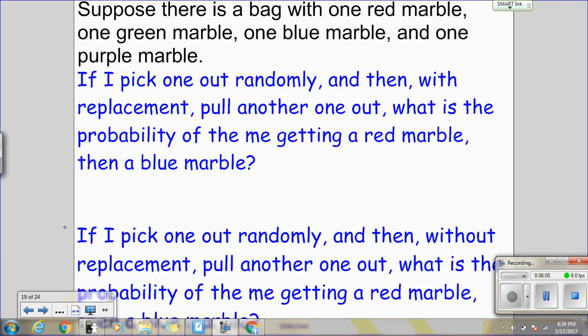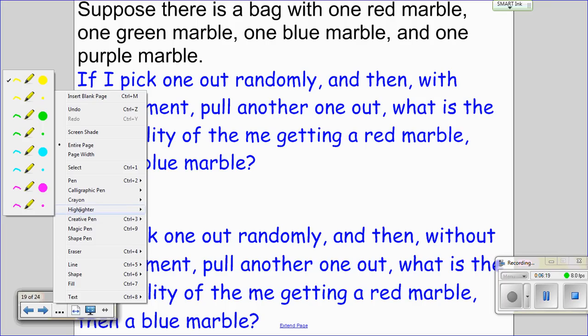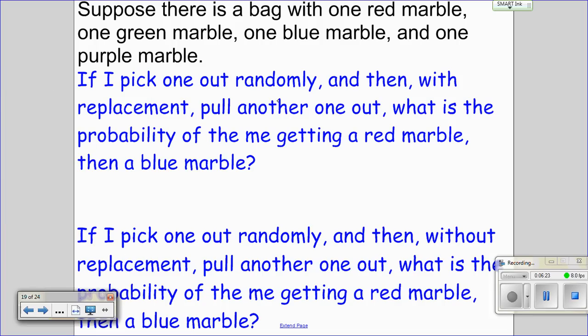So again, I have my marbles, one red, one green, one blue, and one purple. If I pick one out randomly and then with replacement pull another one out, what is the probability of getting a red and then a blue? So again, that key phrase, with replacement.